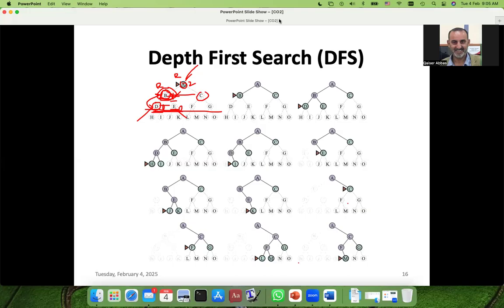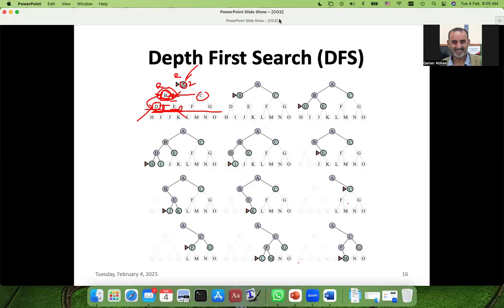Now we are moving towards the other part. One loop is finished for A, the other loop is remaining. Okay, what is the other child for A in the tree?